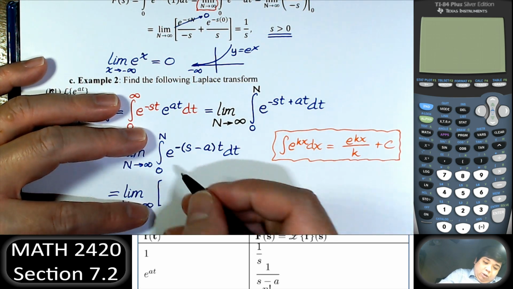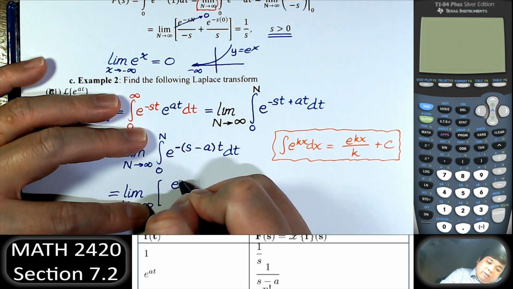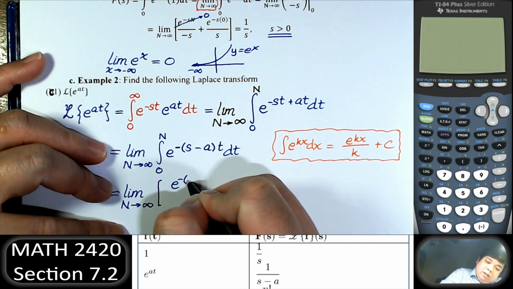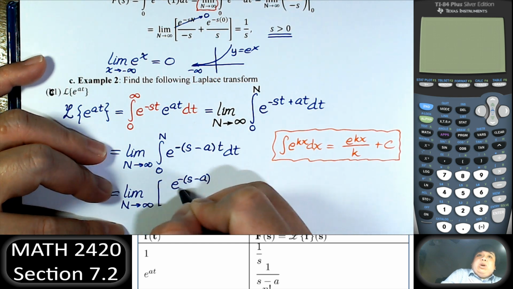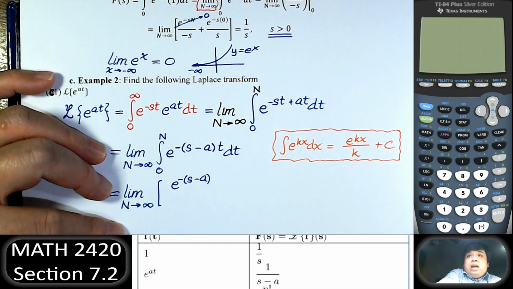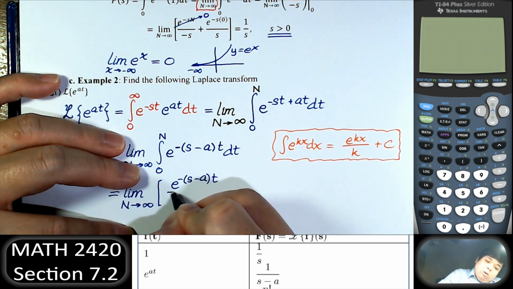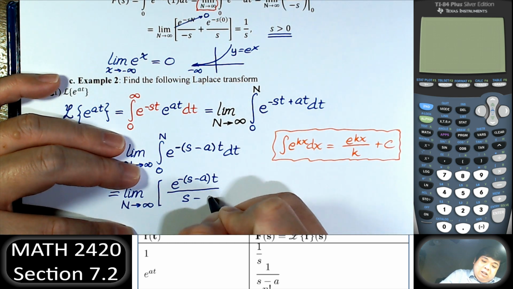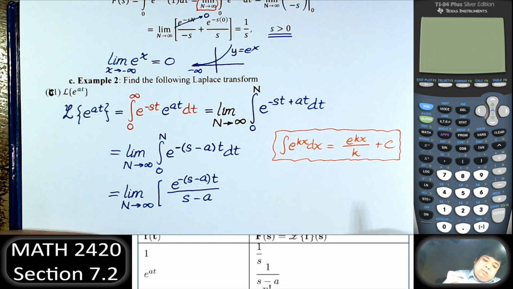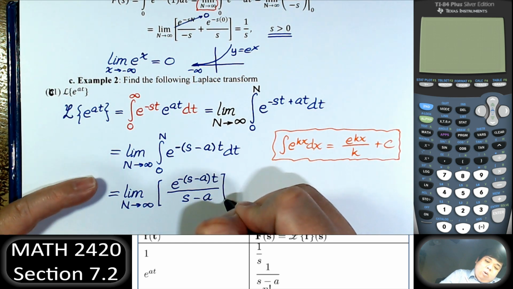So we will have e to the negative s minus a, t. The reason we can write it like this is because s minus a is a constant, and t is a variable, so we just have that over s minus a, going from 0 to n.